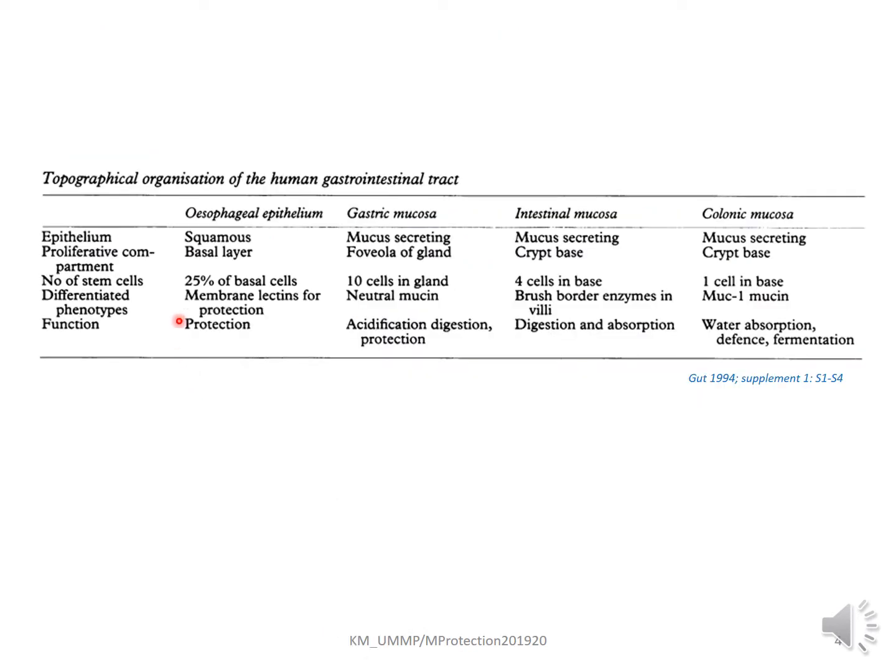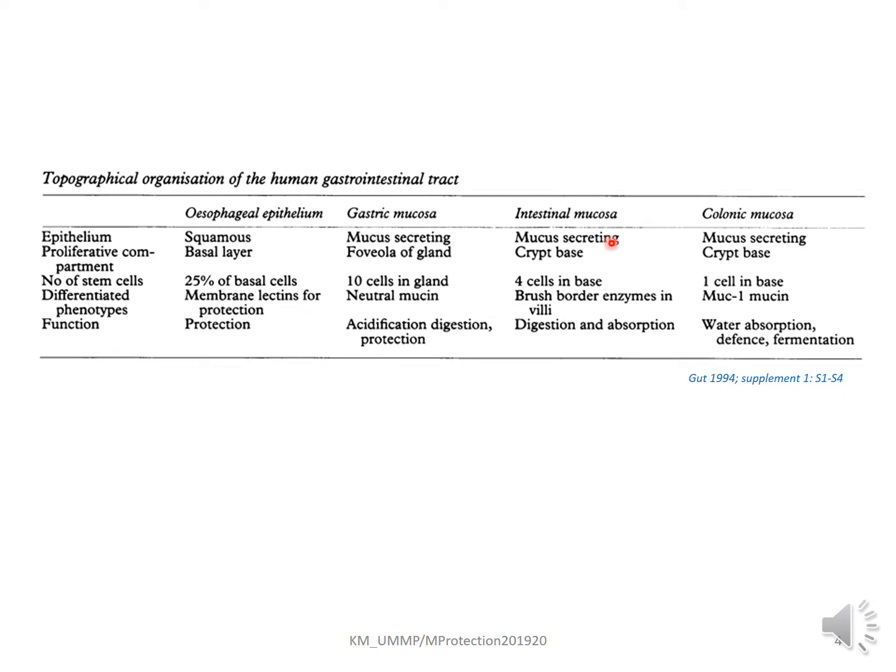Different parts of the gastrointestinal epithelium have different functions. The esophageal epithelium is mainly composed of squamous cells, and it has a protective function. Gastric mucosa has mucus secretory glands for protection, and it also secretes acid for the digestion process.